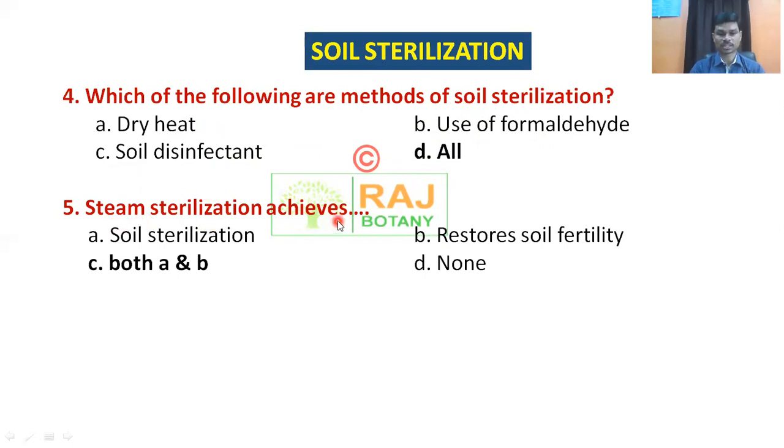What does steam sterilization achieve? A, soil sterilization, B, restore soil fertility, both operations are undertaken for the soil sterilization. What is the exact purpose of this steam sterilization? Soil sterilization and that restores the soil fertility. Both option A and B are correct.